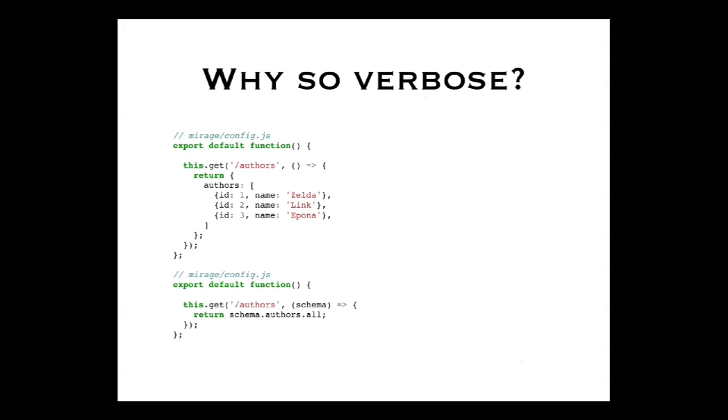So the top example is the previous one, but the actual one, like Mirage expects you to write it, is just to use the schema, which is passed to you as an argument to this handler function. The schema is the database of Mirage. Mirage has an in-memory database, which we'll talk about a bit later.